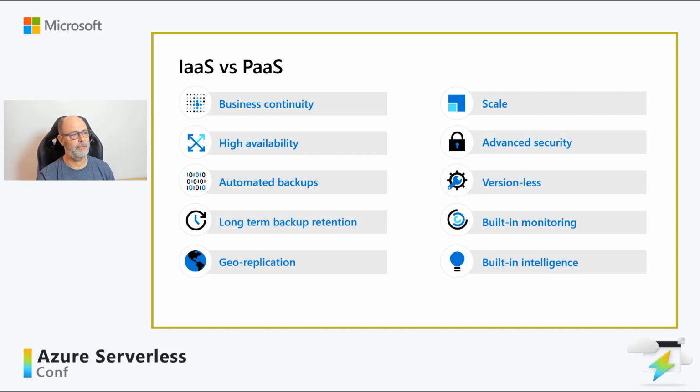Most importantly, all these offerings give us business continuity, in which, with a combination of high availability, automated backup, long-term backup retention, and geo-replication, we can focus on our business, focus on our application, instead of focusing on handling some of the infrastructure things that we've been doing, right? Like backups, patching, etc.